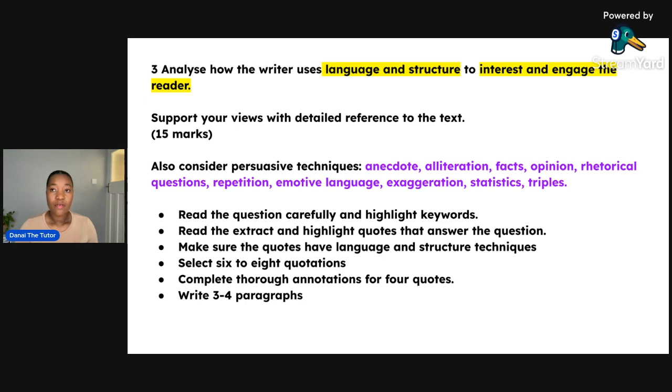So those 4 quotations that you do thorough notes for will probably be your main quotations, and then you use your other quotations to support your main point. You want to write 3 to 4 paragraphs for this question, okay? So that's my suggested approach to that.